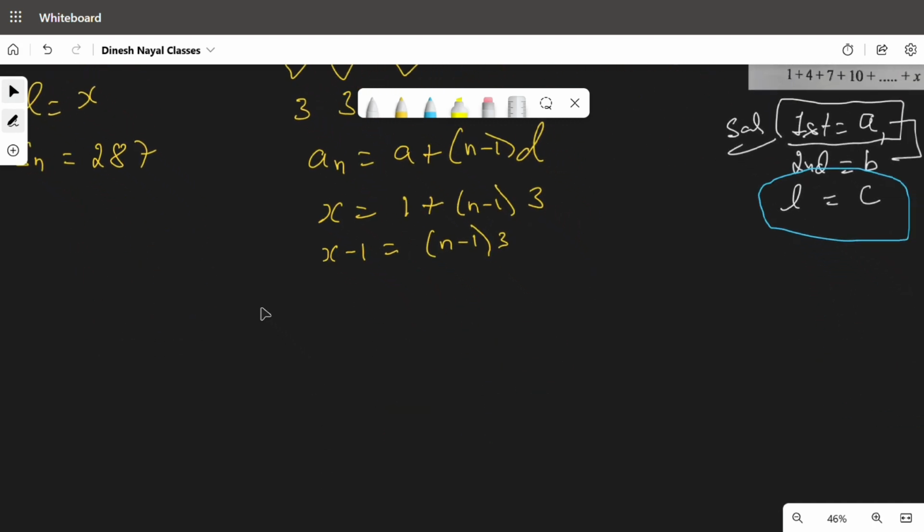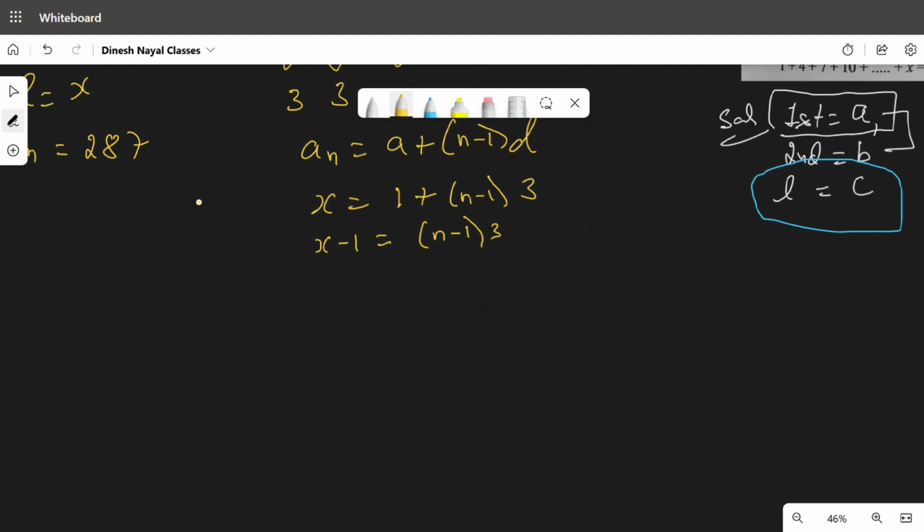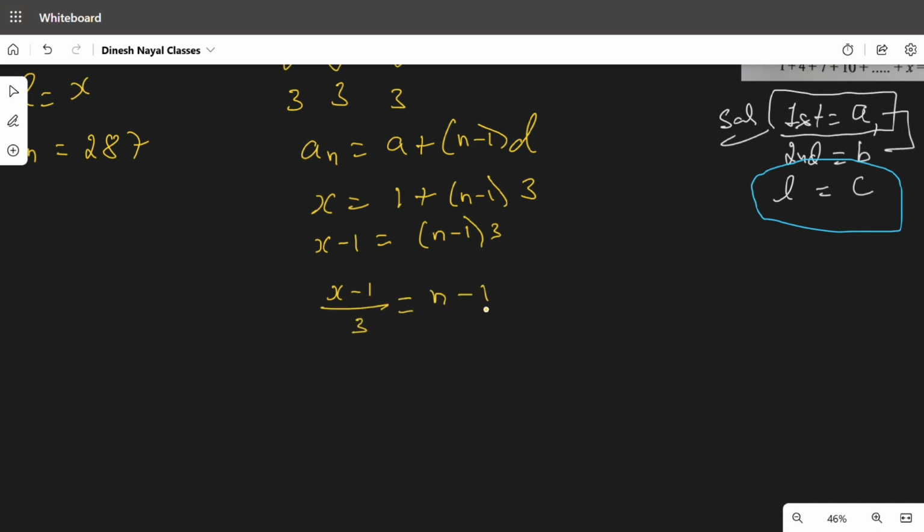Now cross multiplying, you can take down 3, so this will be x minus 1 by 3 equals n minus 1. Now you take 1 to that side, so this is x minus 1 by 3 plus 1 equals n.